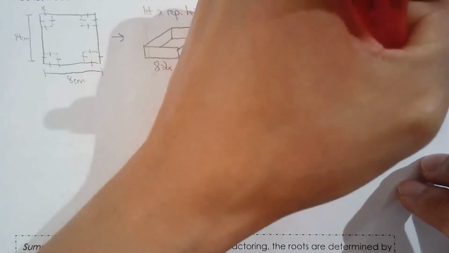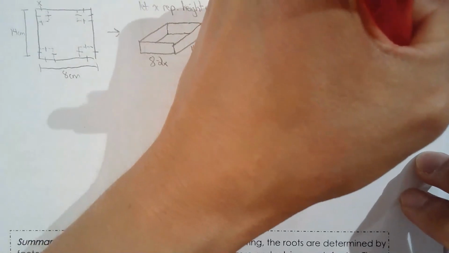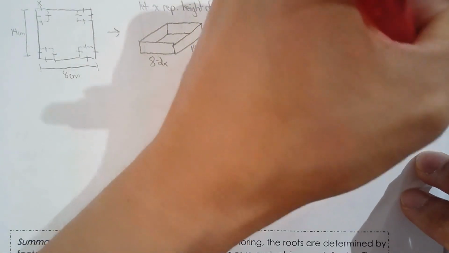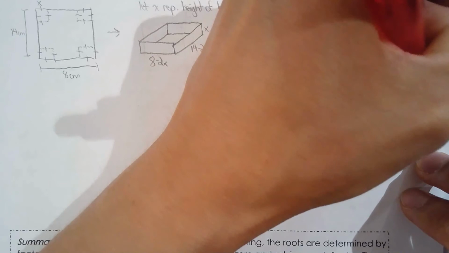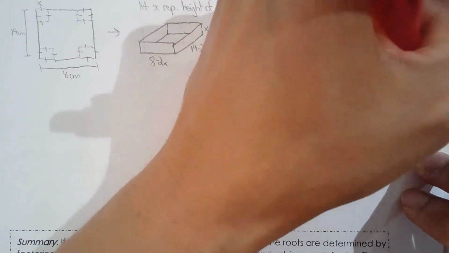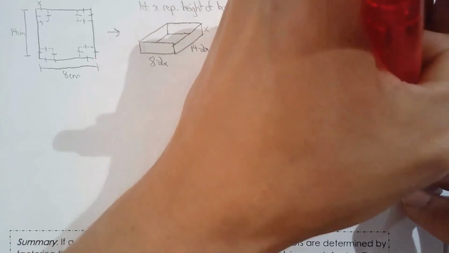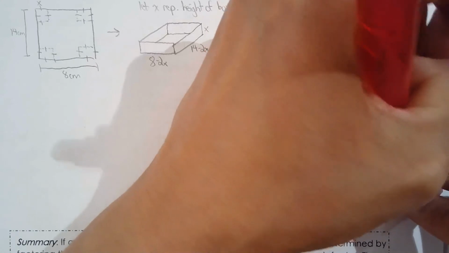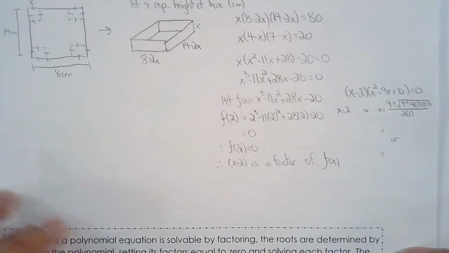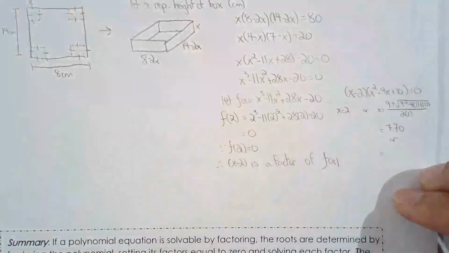So x equals 2, or let's say x equals, by the quadratic formula, 9 plus or minus the square root of 9 squared minus 4ac, all over 2a. All right, so that was 7.7 or 1.30.